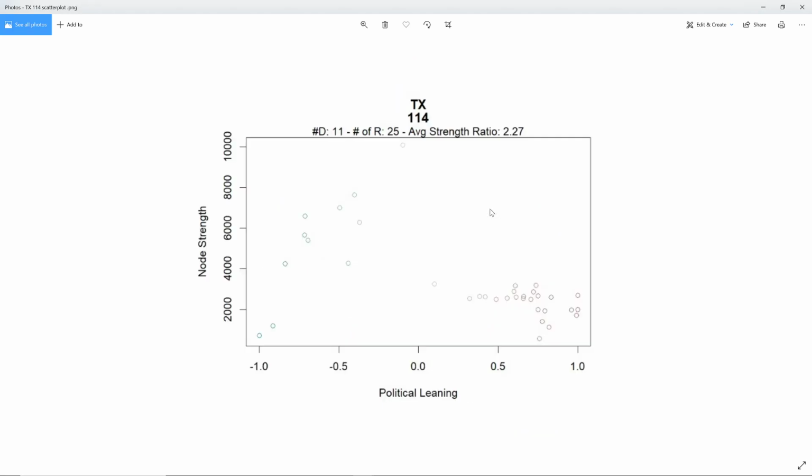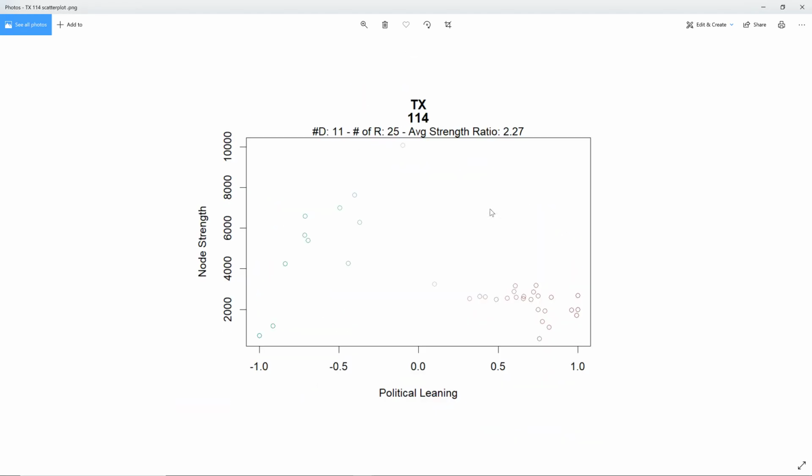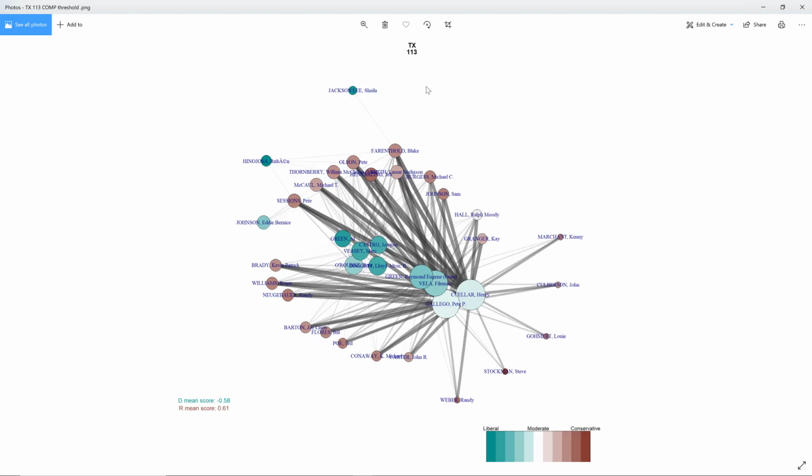What I do see, I guess, is that we can look at the mean scores to see over time, are Republicans getting more conservative? So is this number getting closer to 1? And Democrats, are they getting more liberal in a state that's very conservative already?